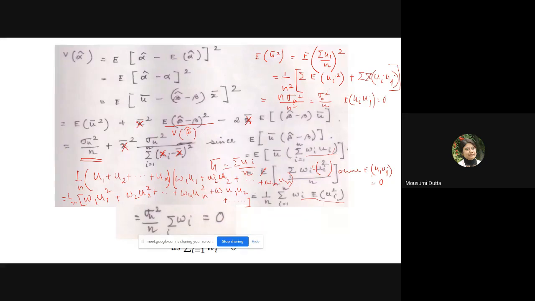So safely I can consider summation wi into expectation of ui square. Is it understandable now? Yes, ma'am. It is always better if you can spread out the series and try to understand what is happening. Some student asked whether I can directly write expectation of u bar is equal to 0. Yes, you can. However, you need to understand the matter. Thank you that you raised the question so that I gave you the entire thing.